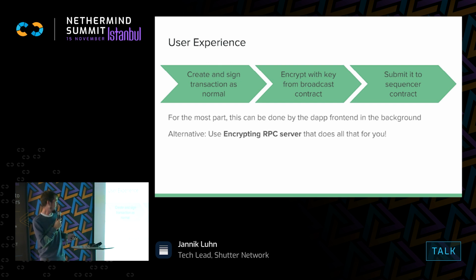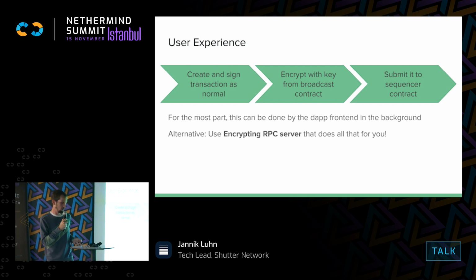But now they will fetch this Eon key from the broadcast contract and use it to encrypt the transaction, and then wrap it in another transaction that sends it to the sequencer contract. These last two steps will likely be done by the DApp front end or whatever they use. Of course, the user will not go to Etherscan and copy and paste the key. It will be done by some script in the background of the application that they use.